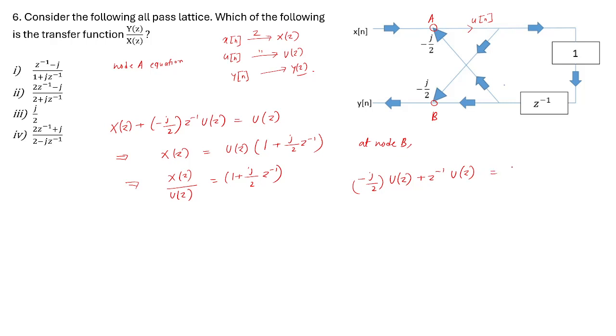They together form Y(z). Therefore we obtain U(z) times (z inverse minus z by 2) is equal to Y(z). So we obtain U(z) by Y(z) to be 1 over z inverse minus z by 2. This is equation 2, this is equation 1.